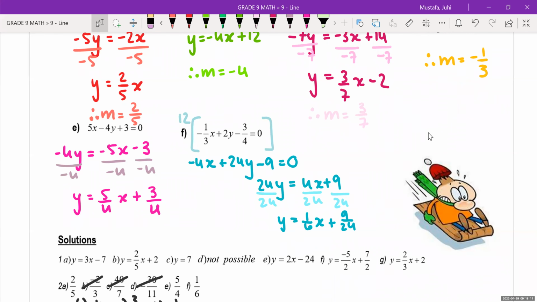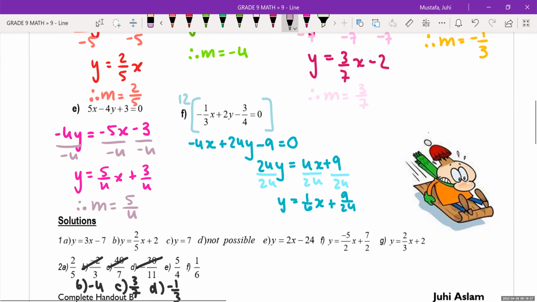Yep. And so when you do this, sorry, just write that again. What did you get for your actual slope? Y is equal to 5 over 4x plus 3 over 4. So what did you get for your slope? 5 over 4.